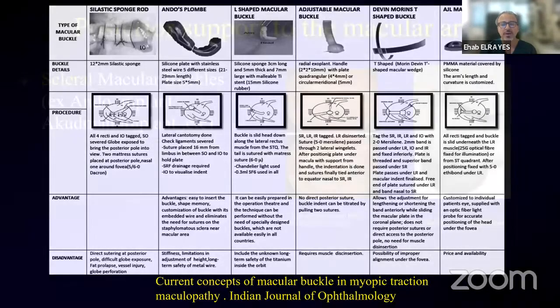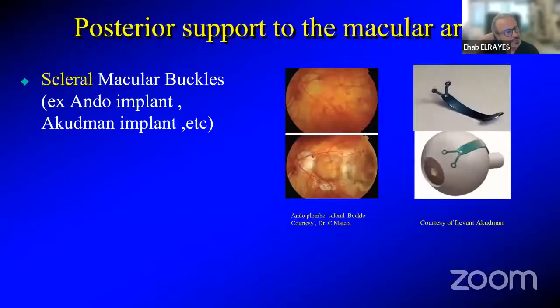When we look at the support of the sclera, we can either support the sclera and the choroid, which is the classic macular buckle, whether we use the endo implants or other implants, and this new implant by Ackman, which I personally like over the rest of the buckles because it has a flat surface rather than a convexity.